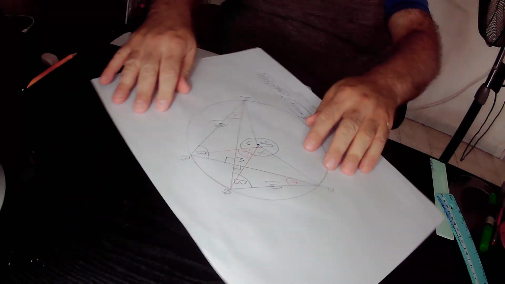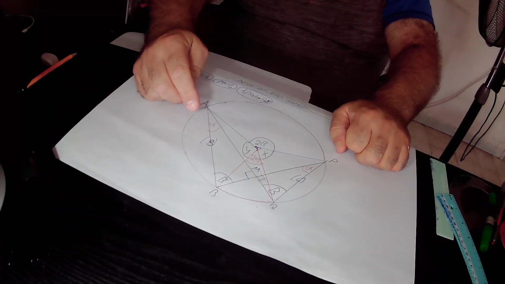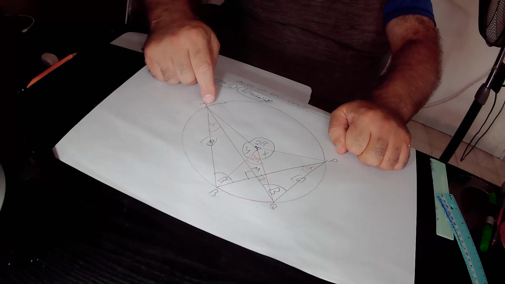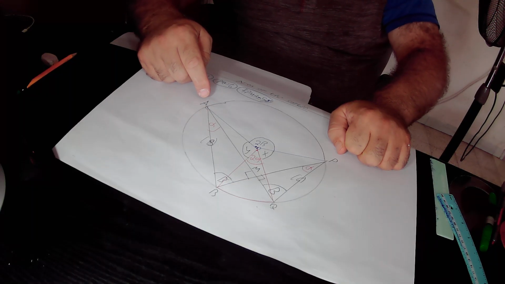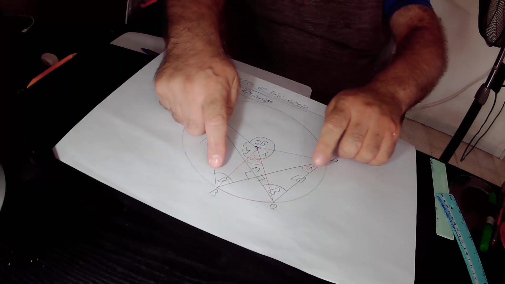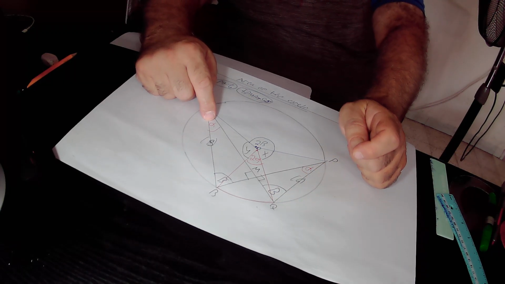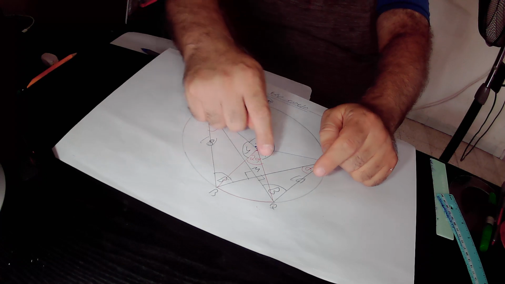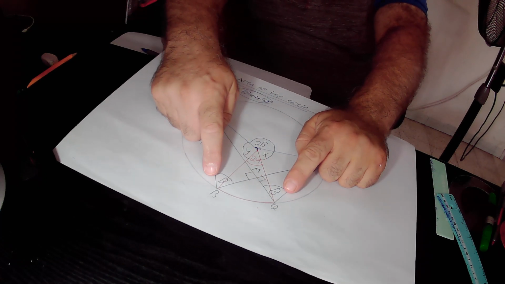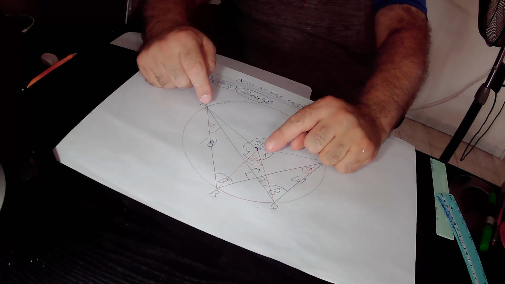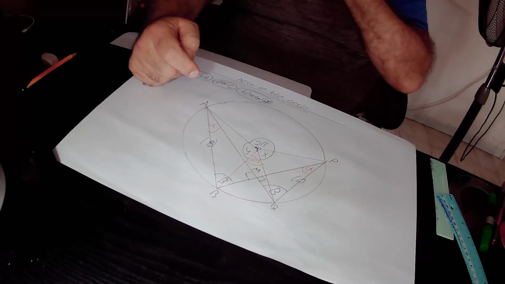Likewise, we have peripheral angle BAQ, that is subtended on arc BQ, and it is equal to alpha. And the central angle BOQ, which is subtended on the same arc BQ, must be equal to 2 alpha.